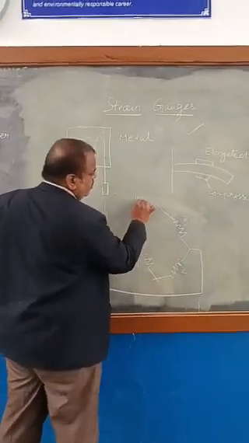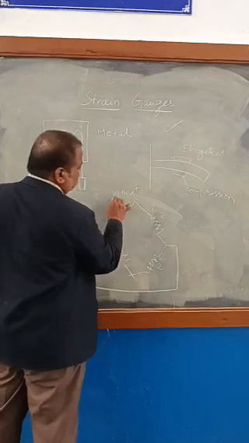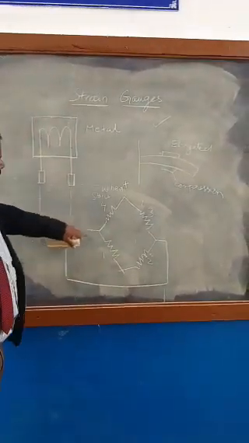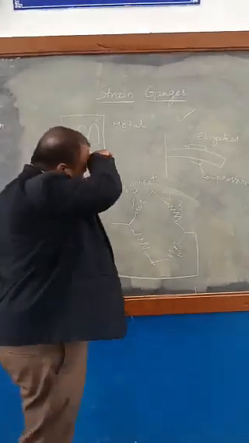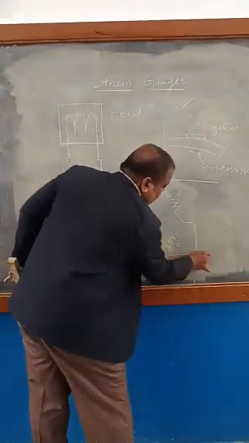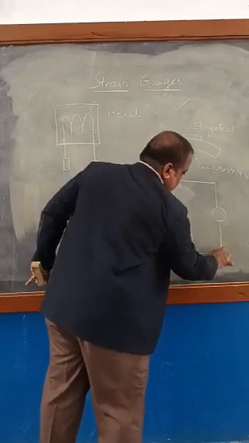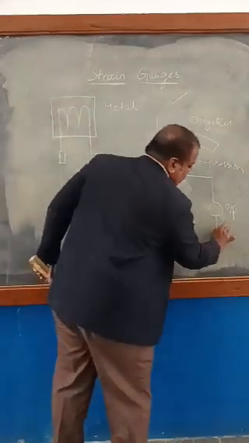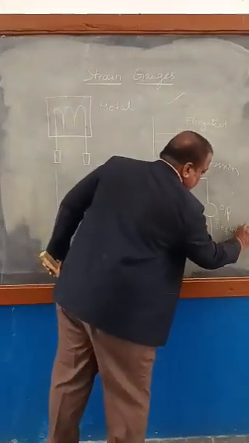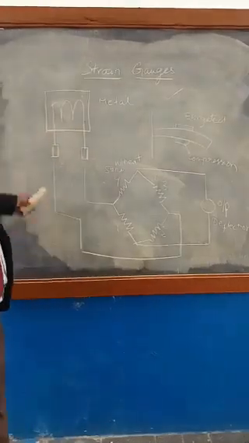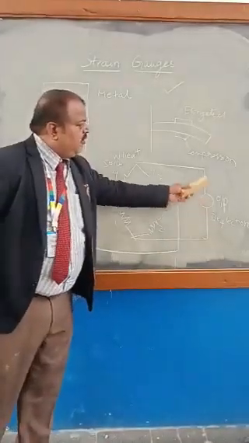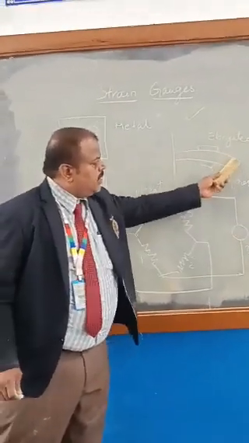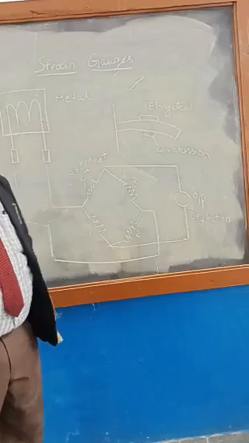This is called the Wheatstone bridge. When the wire gets elongated or compressed, there will be a change in resistance. That change in resistance is given to the Wheatstone bridge. The output is taken from these two edges, and this output will show how much deflection has occurred in the beam. So the change in resistance is equal to the deflection in the beam when it is elongated or compressed, and that deflection will be shown in the output.